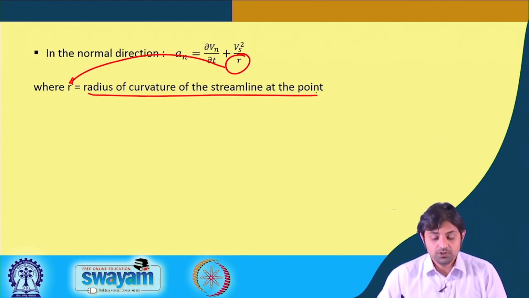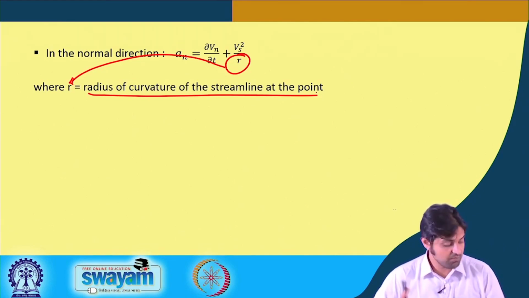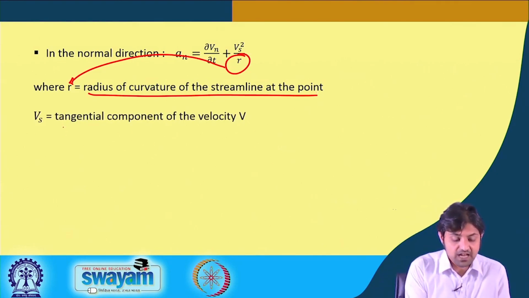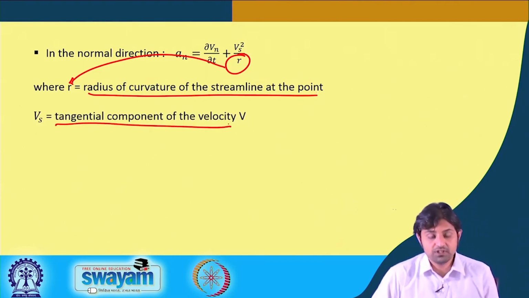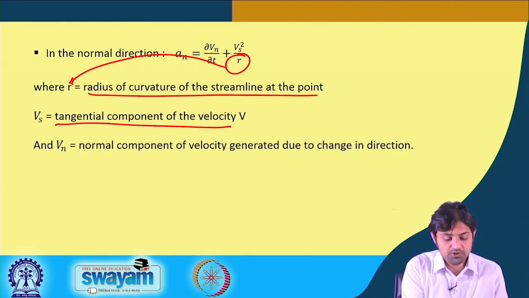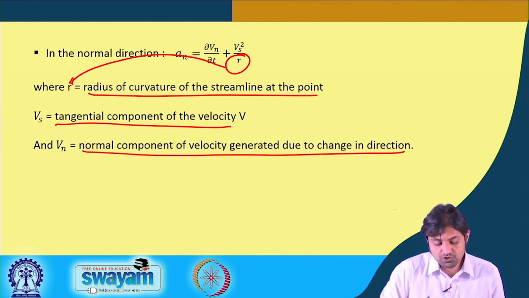This we will solve in some problems, maybe in the upcoming lectures. Vs is the tangential component of the velocity V, which we already talked about, and Vn is the normal component of the velocity generated due to change in direction.